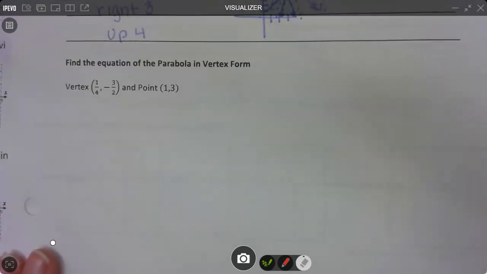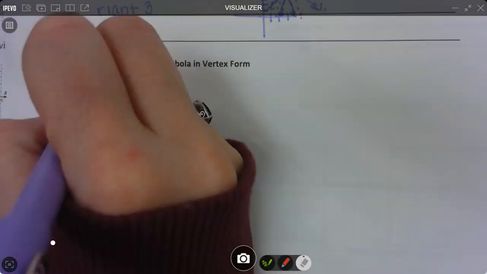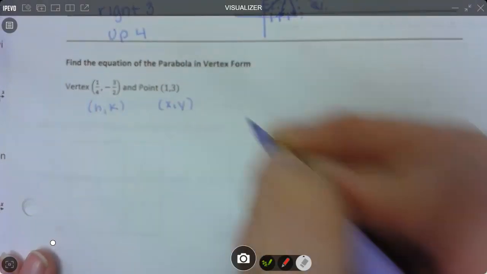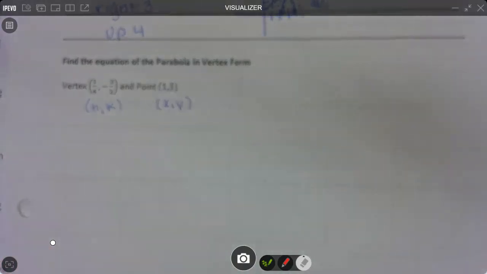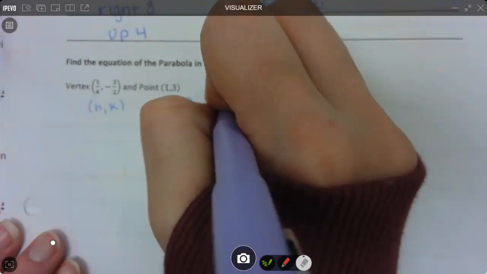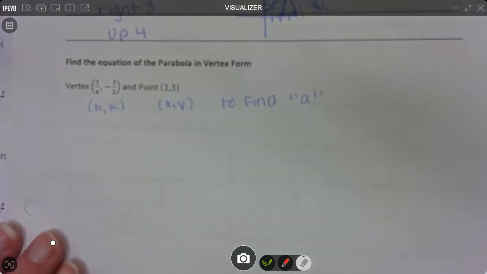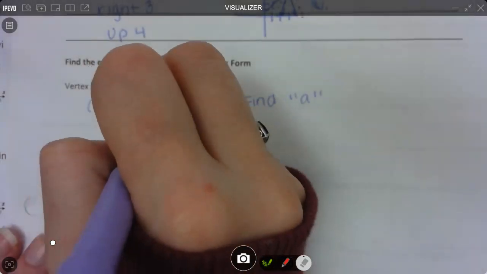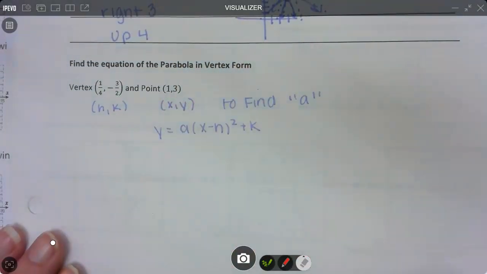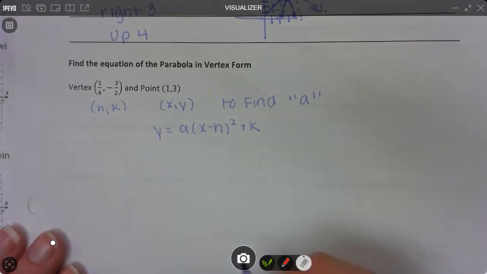Find the equation of the parabola in vertex form. So you're given the vertex, that is an h comma k, and a point, that is an x comma y. So I can use h, k and x, y to find a. We're going to plug into y equals a(x minus h) squared plus k to solve for a.